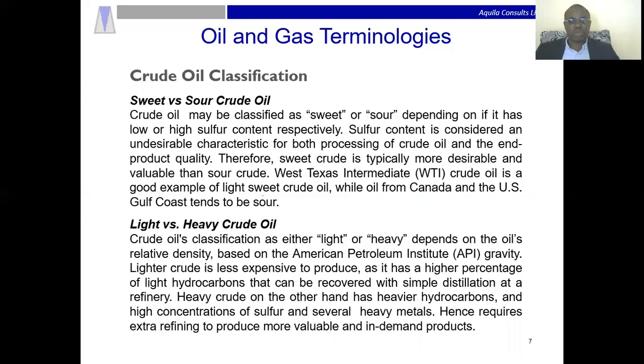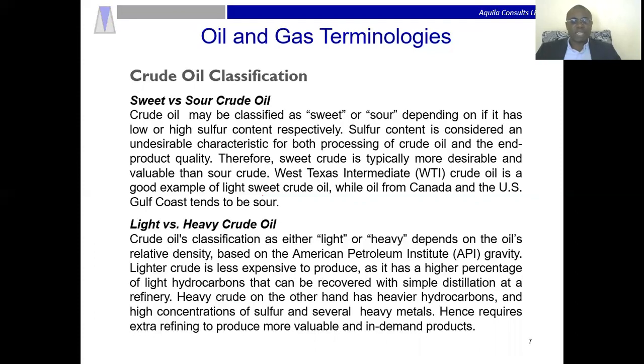Generally, sweet crude is more desirable because sulfur in the form of hydrogen sulfide in the crude can lead to the corrosion of the pipelines and the equipment. So people would prefer sweet to sour crude.